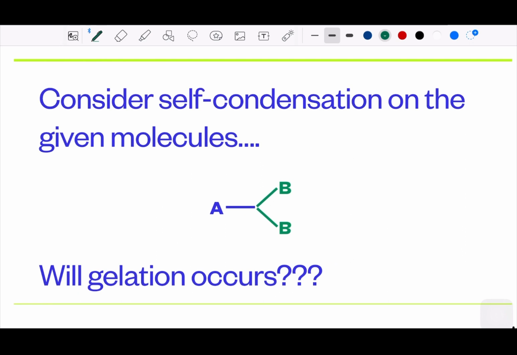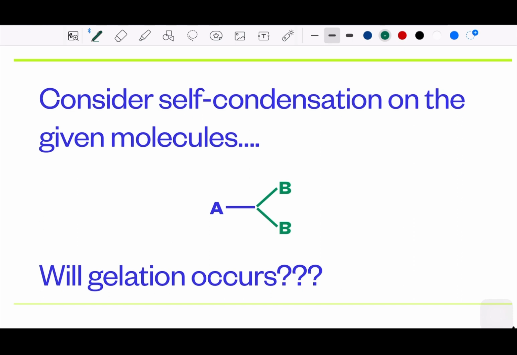If we take this A, B, B, so one functional group A and 2 functional groups B, will gelation occur? If you think in terms of dendrimers before, like branch and branch and branch, suppose we take this as self-condensed.